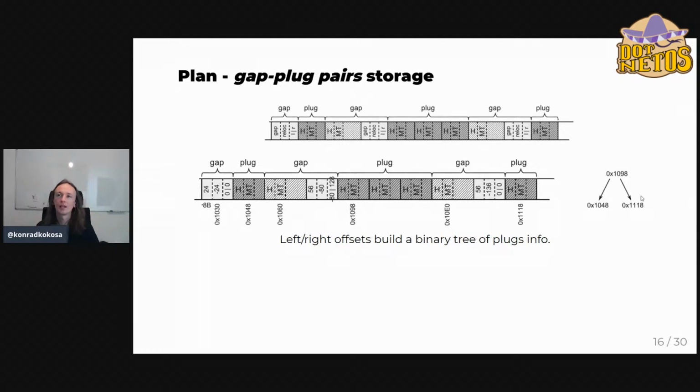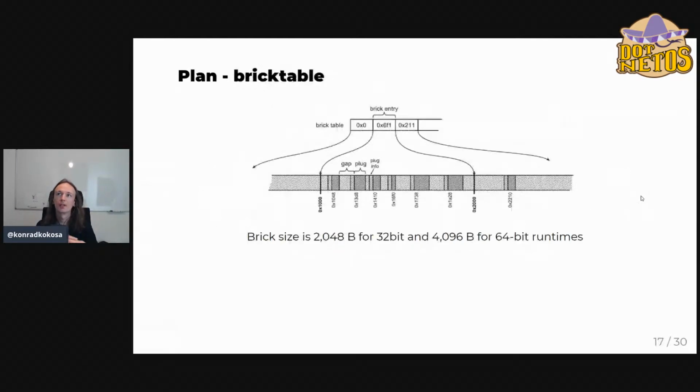Because of that, we have the concept of a brick table and bricks. To put it simply, we are splitting the memory regions with objects, in every generation, into bricks, which are 4 kilobytes in the case of the 64-bit runtime and smaller in the case of 32-bit.